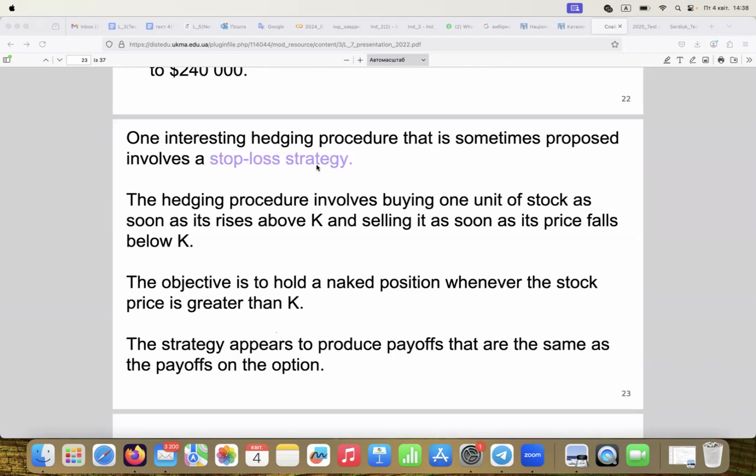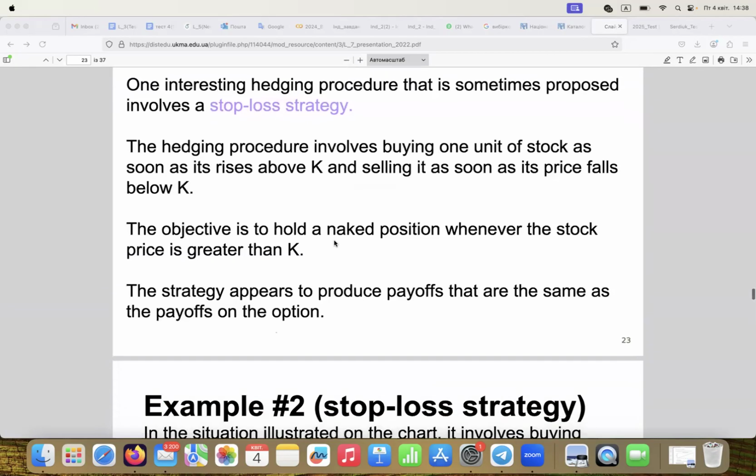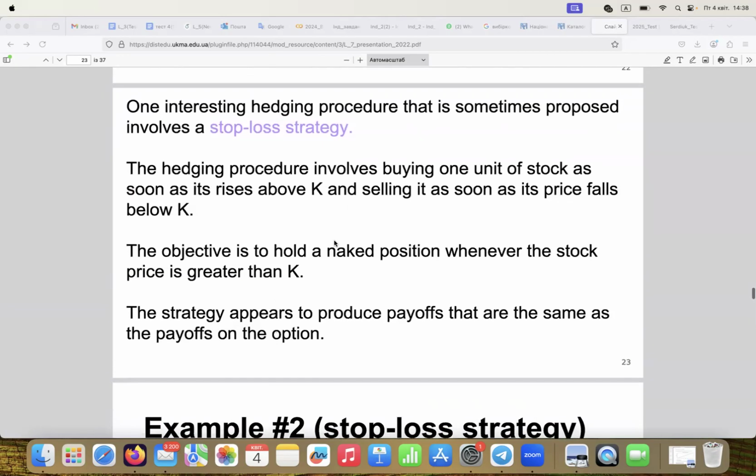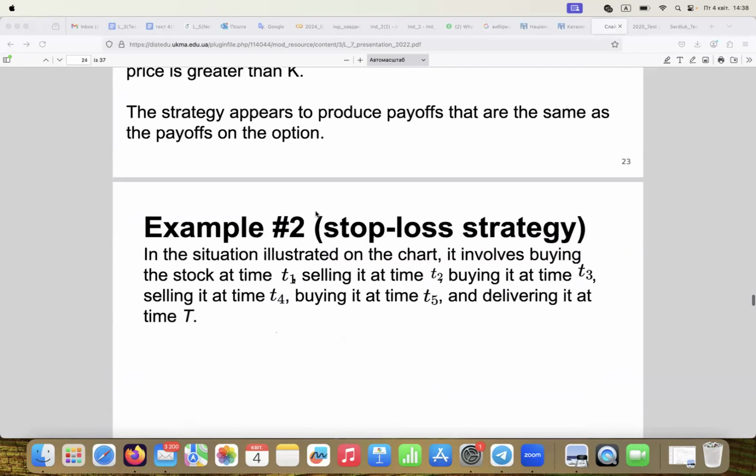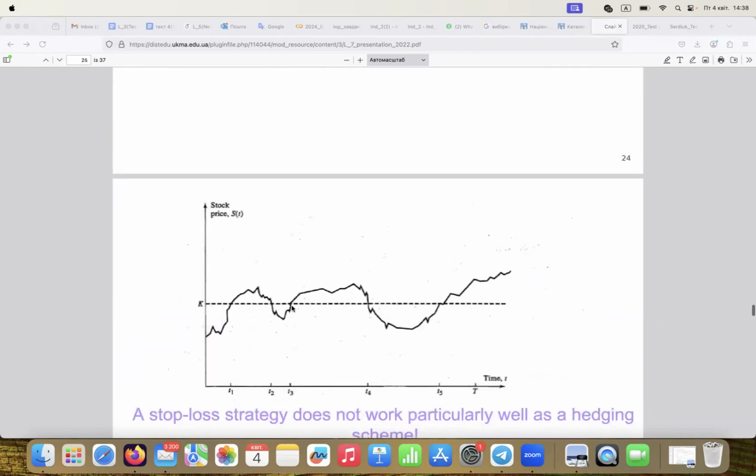It's called the stop loss strategy. This hedging strategy involves buying one unit of stock as soon as the stock price rises above K and selling if below K.